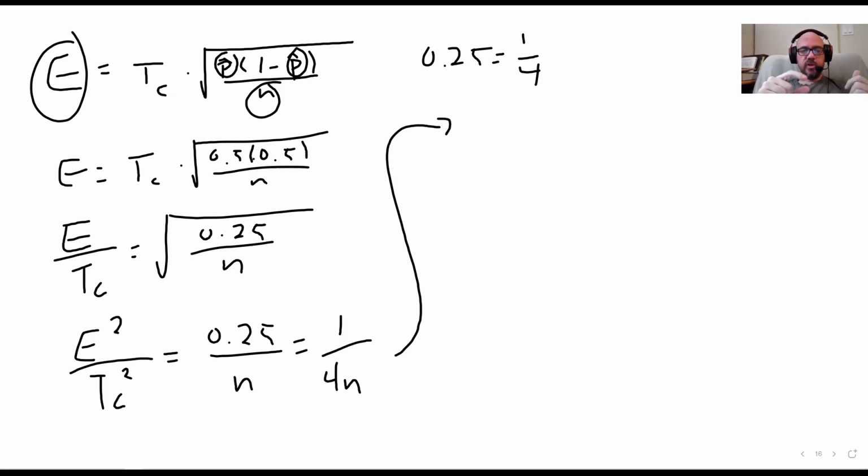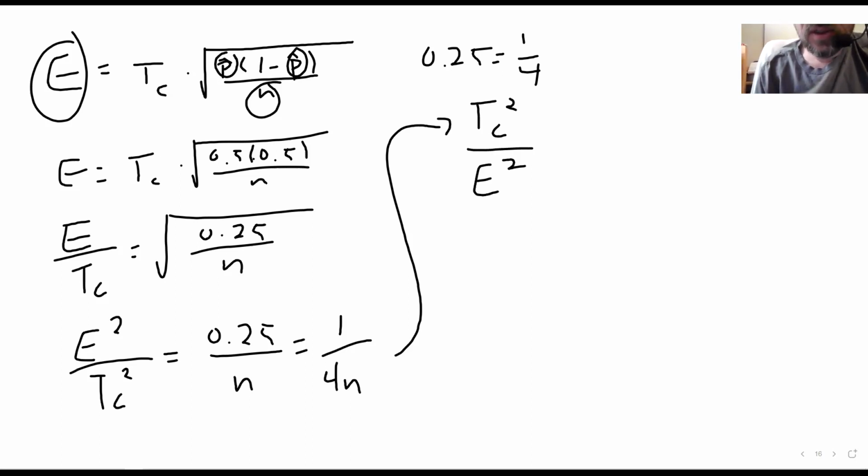And the thing that I'm trying to solve for is n, and n is in the denominator. So what I'm going to do is flip over both sides. And yes, that is actually a legal maneuver. So this is T sub C squared over E squared equals 4n over 1, which is just 4n. And then I'm just going to divide both sides by 4. So I end up with T sub C squared over 4E squared equals n.